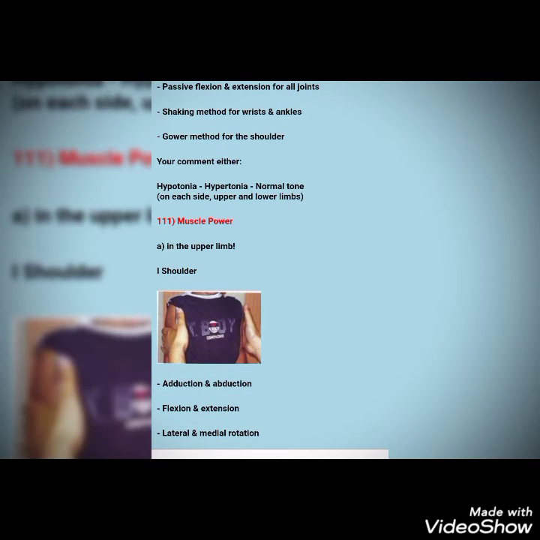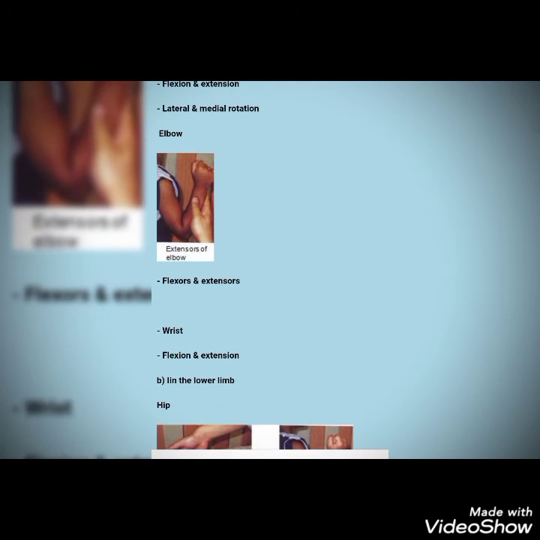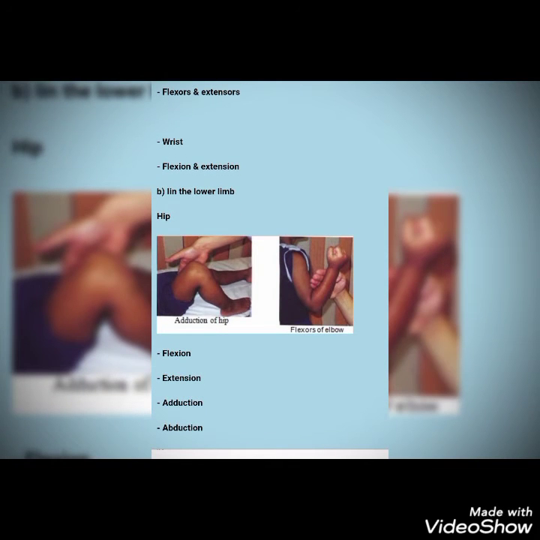Then examine his muscle power. In the upper limb, shoulder: abduction, adduction, flexion and extension, lateral and medial rotation; elbow: flexion and extension; wrist: flexion and extension.